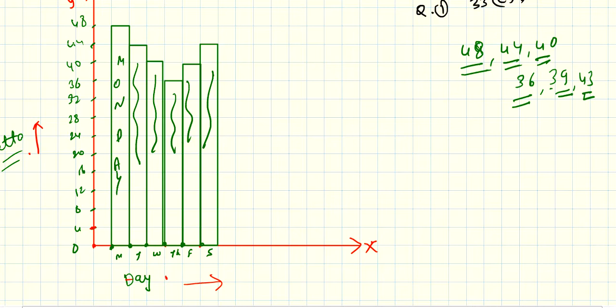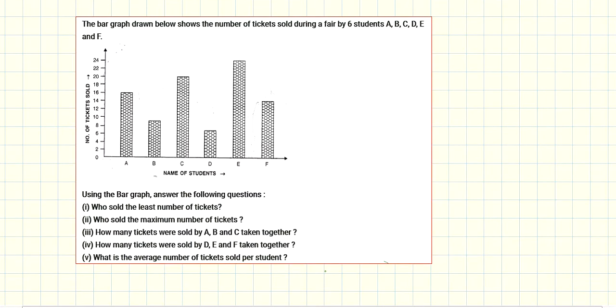Question number 5, 6, 7, 8. These questions you have already studied in class 4th and 5th, and you know very well how to solve them. Okay, after that I am solving question number 7 here. Clear? Question number 7.